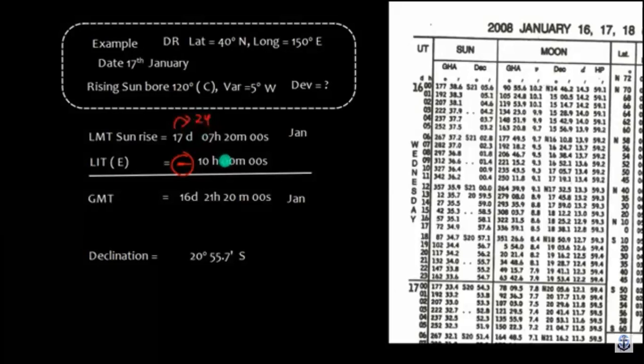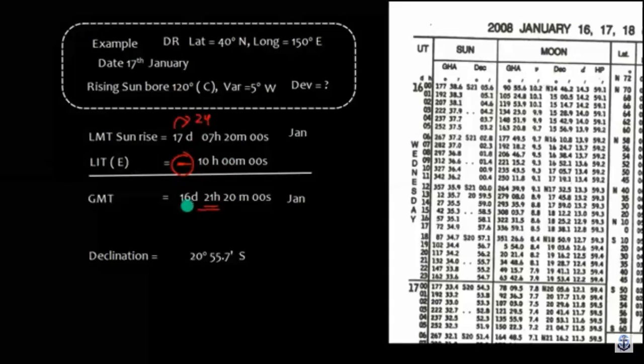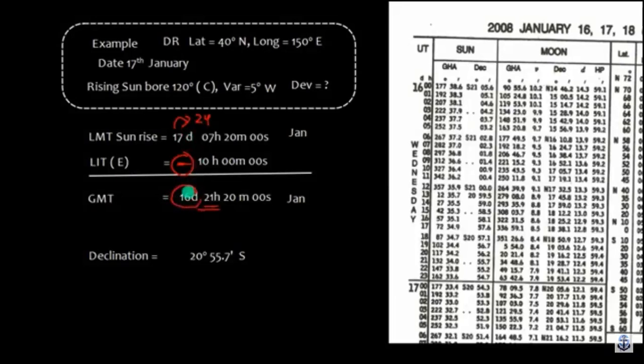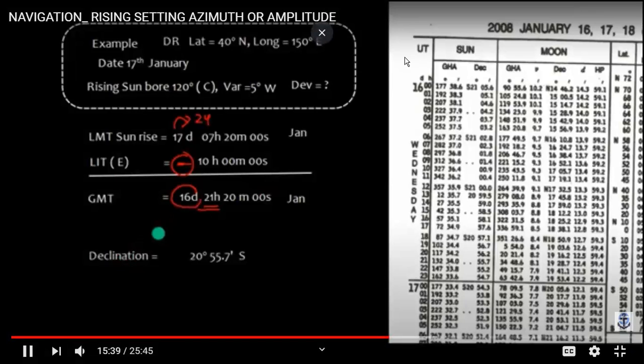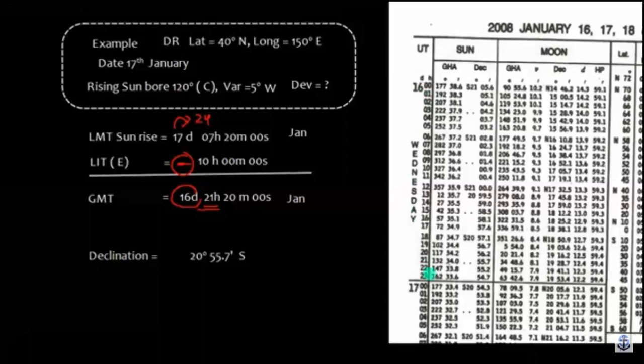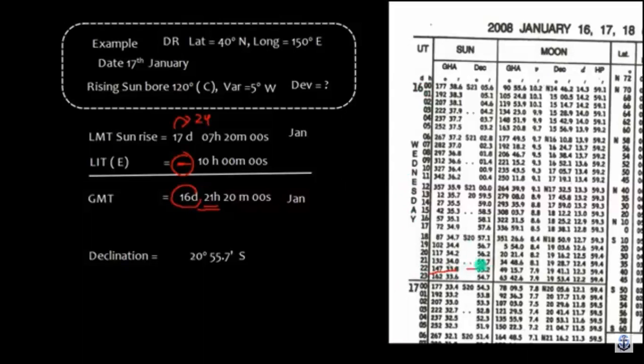Then we calculate the declination of the sun at this GMT time. Declination is always calculated from GMT, shown here as UT. For 16th, 21 hours, you have GHA 147 degrees 33.8, which we don't need for amplitude, but may need later. And declination is south 20 degrees 55.7.